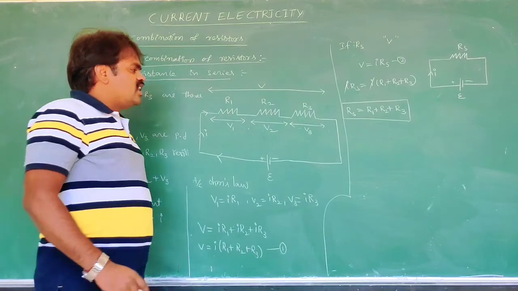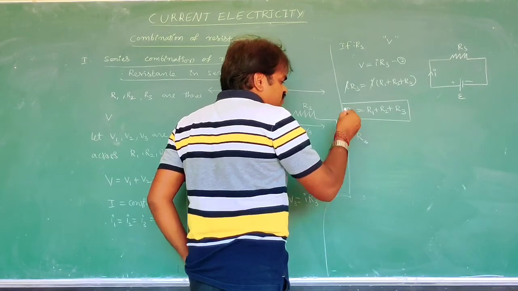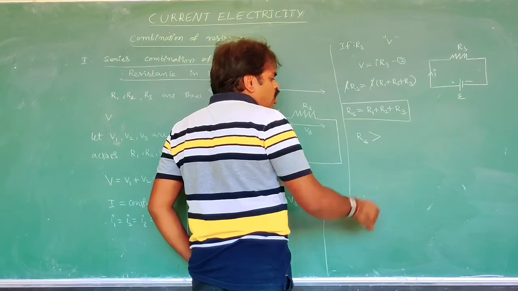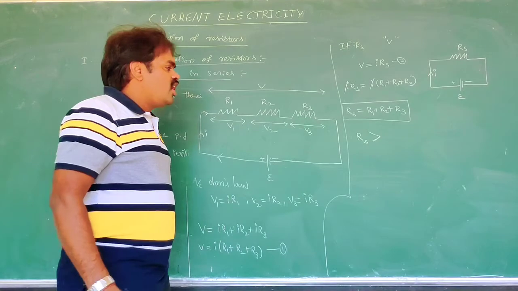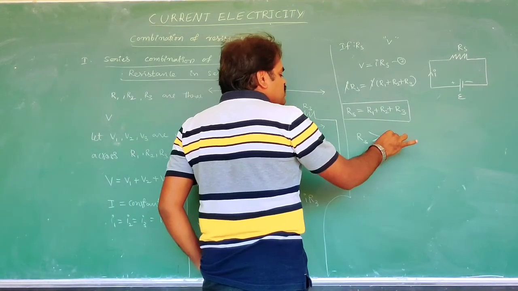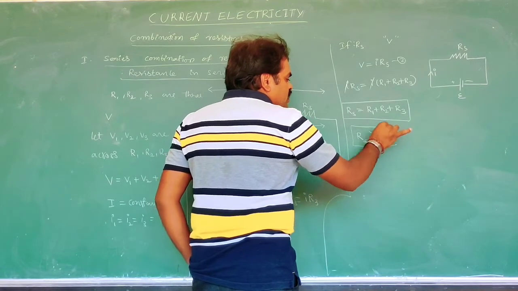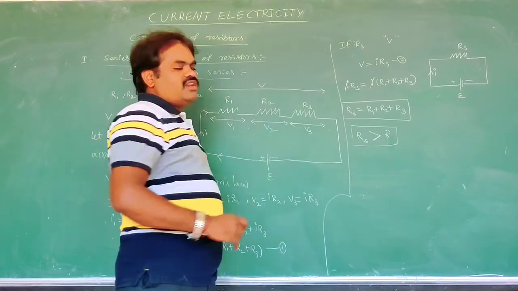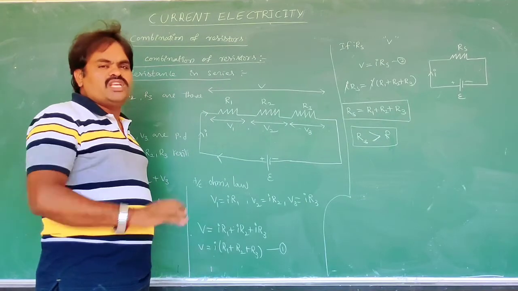Here the equivalent resistance in the series combination is always greater than the individual resistance. Here in the series combination, the flow of current throughout the resistors will be the same.